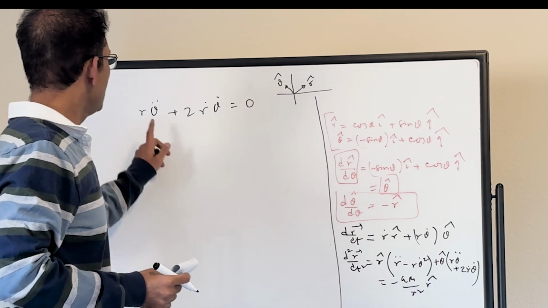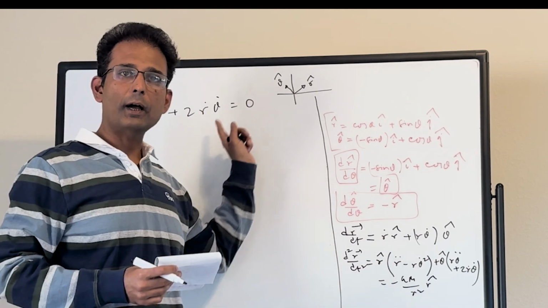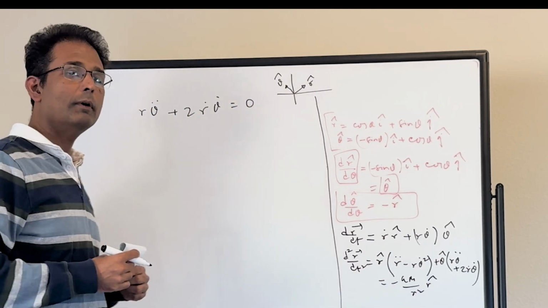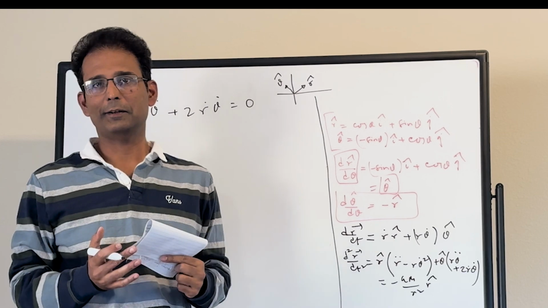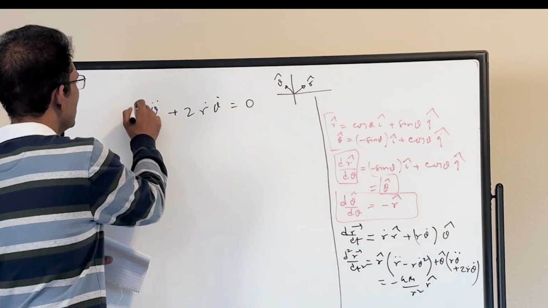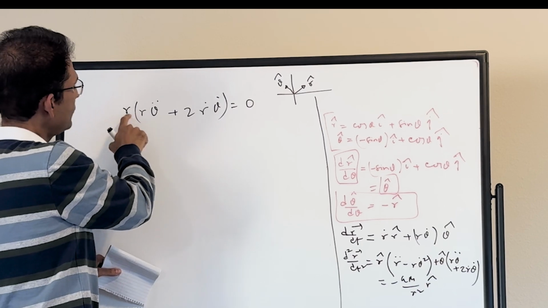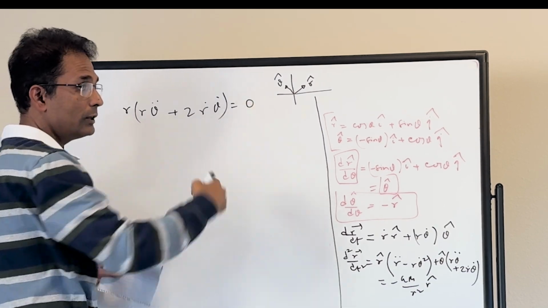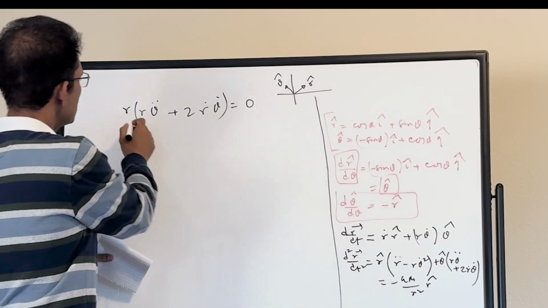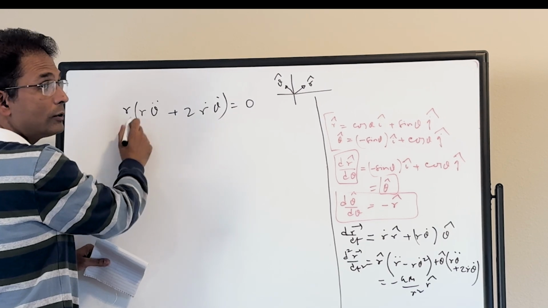Now, if you multiply both sides by r, an amazing thing actually happens. So let's multiply both sides by r. On the right, 0 times r is 0. Let's distribute r to these two terms.